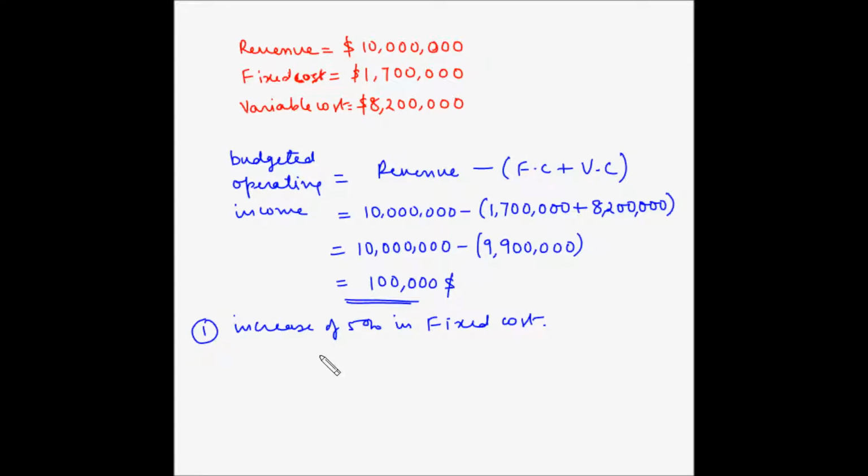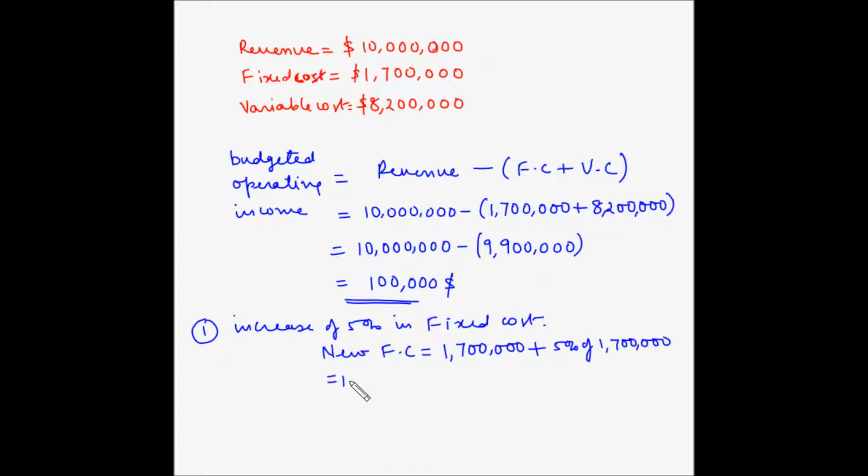So what this means is that the new fixed cost will be equal to the original fixed cost, which is 1.7 million, plus 5% of this 1.7 million, because we are supposed to increase the fixed cost by 5%. So what this means is 5% of 1,700,000.